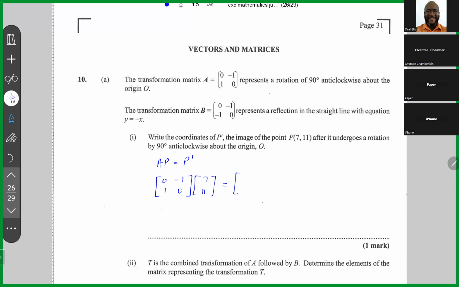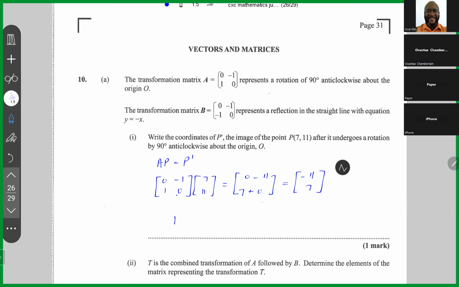P prime, well, you can multiply it if you want, but I know what this matrix does. Well, let's multiply it. 0 times 7 is 0. -1 times 11 is -11. Now, bottom row, -1 times 7 is 7, and 0 times 11 is 0. So this becomes -11, 7.